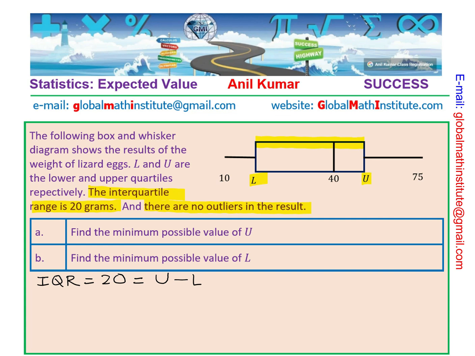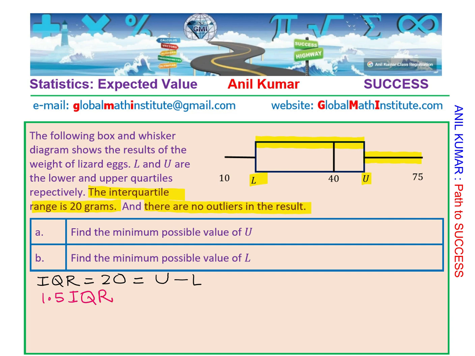So, how far a point from the upper quartile will be considered within or away from that cutoff for outlier, that is what you should know. And the cutoff is 1.5 times IQR, interquartile range, right? So the cutoff is 1.5 IQR.